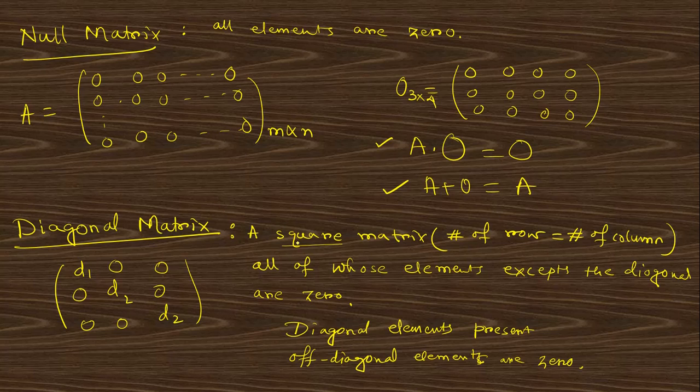Only if the diagonal elements are present, this is called the diagonal matrix.